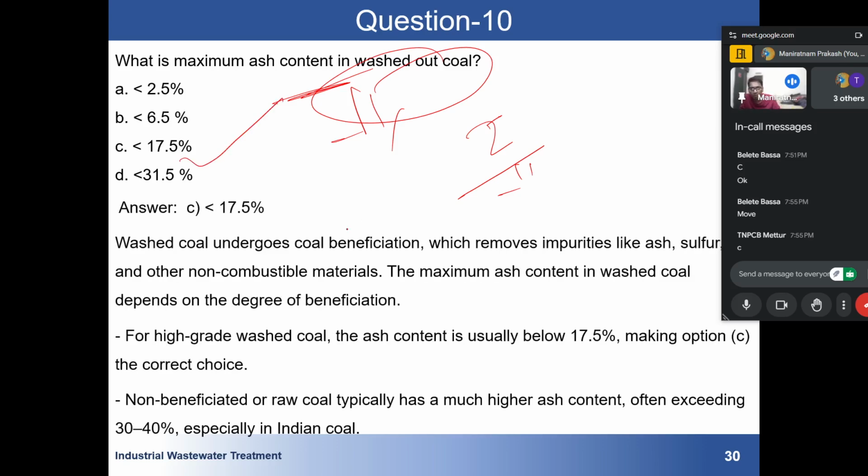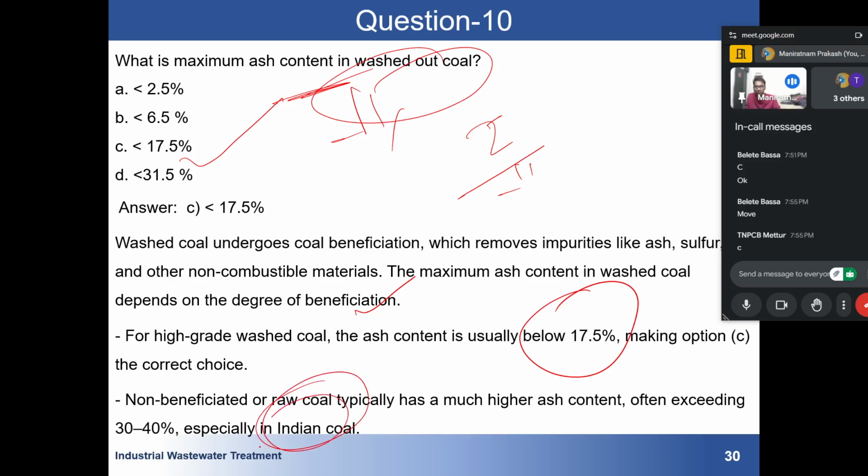A washed coal is beneficiated, which removes impurities like ash, sulfur and so on. The maximum amount depends upon the degree of beneficiation. For high grade washed coal, the ash is below 17.5, making option C the correct choice. Non-beneficiated or raw coal typically has much higher ash content, often exceeding 30 to 40%.